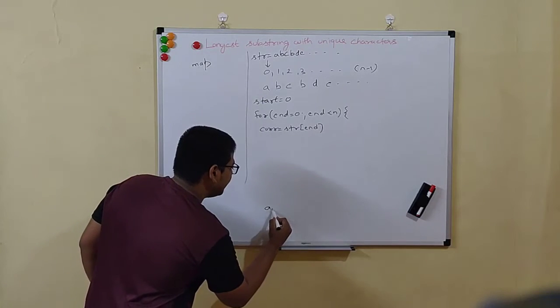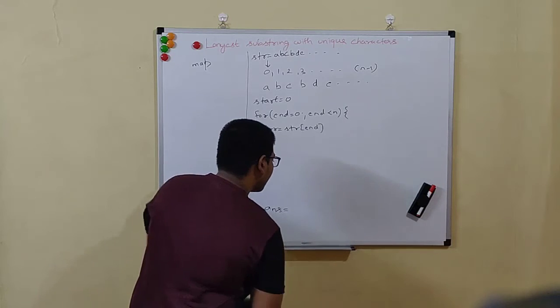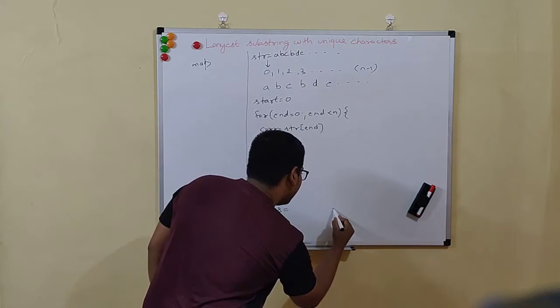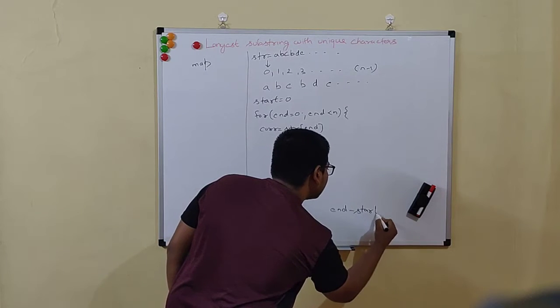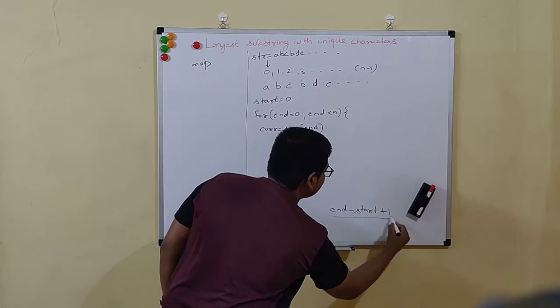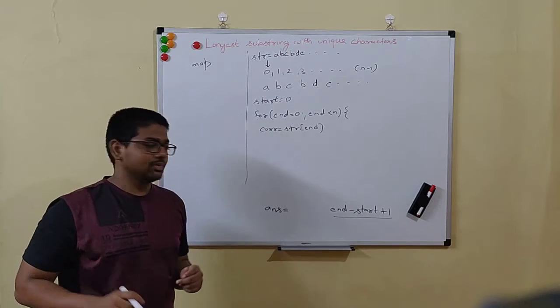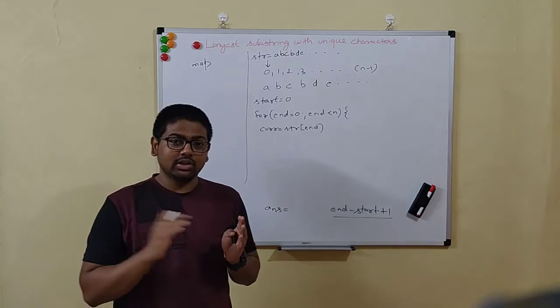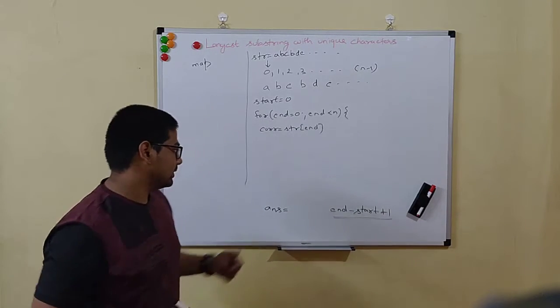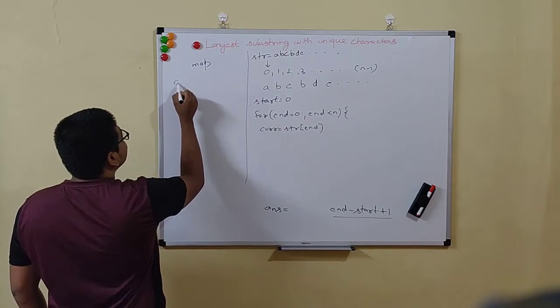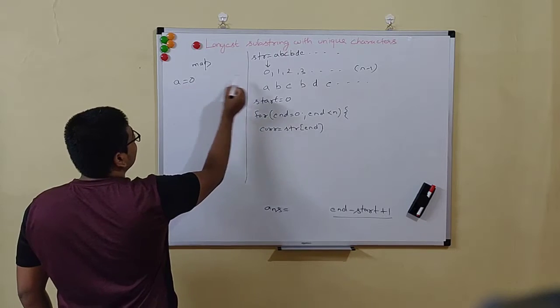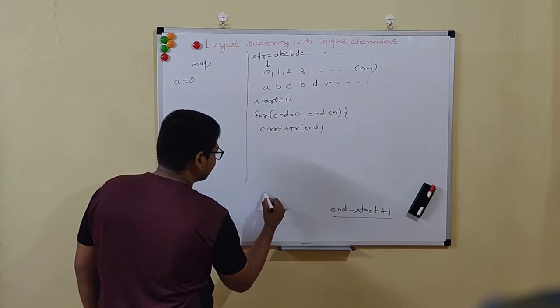So the answer will be end minus start plus 1. This is nothing but the size of the window. And since end and start are both inclusive, we'll have to add 1 to it. And we'll also have to update the last occurrence of A as 0. Let's put it here in the code as well.